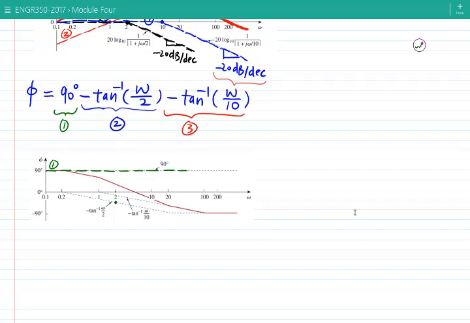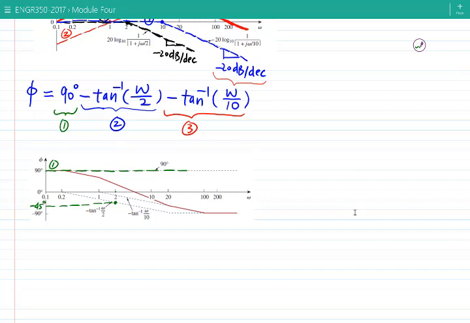The inverse tangent of 1 is 45 degrees, and we have a minus sign here, so we have minus 45 degrees here.